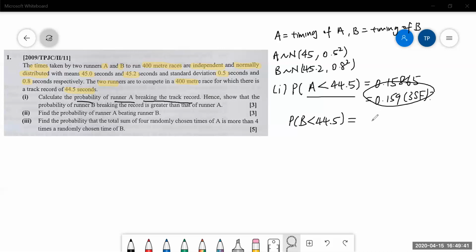Okay, so can you find for me the probability of B smaller than 44.5? One minus, is it? Yeah, just calculate for me. Normal CDF.